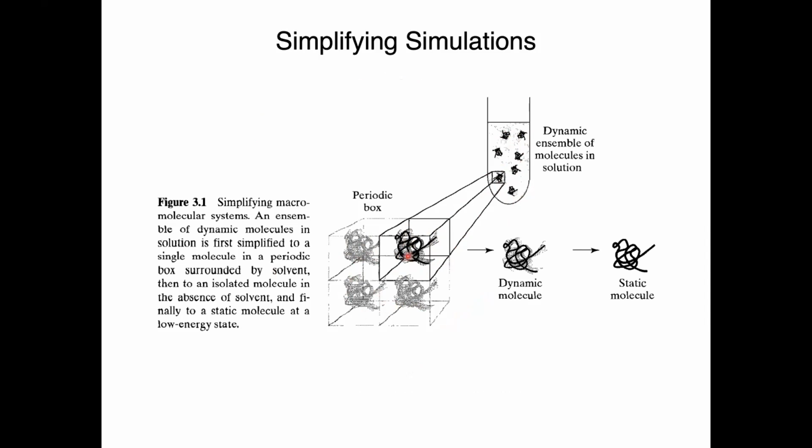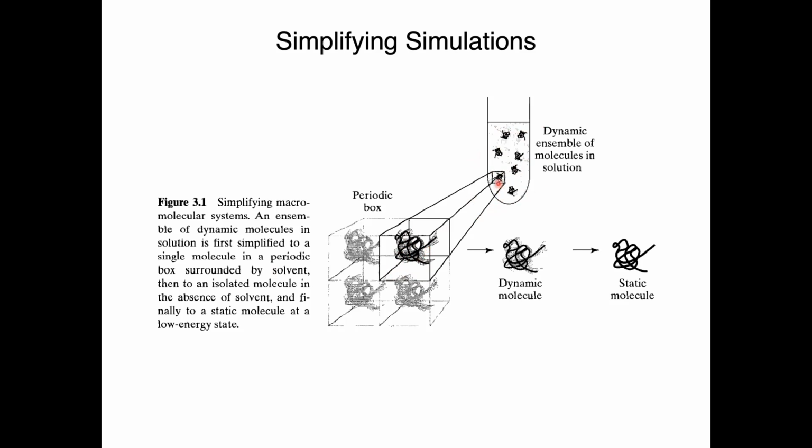There are ways to do this using periodic boundary conditions, which we're not going to talk about, but they allow you to simplify the process of representing what's happening in this test tube by studying a single copy of your system. So it makes it much simpler to run the calculations.